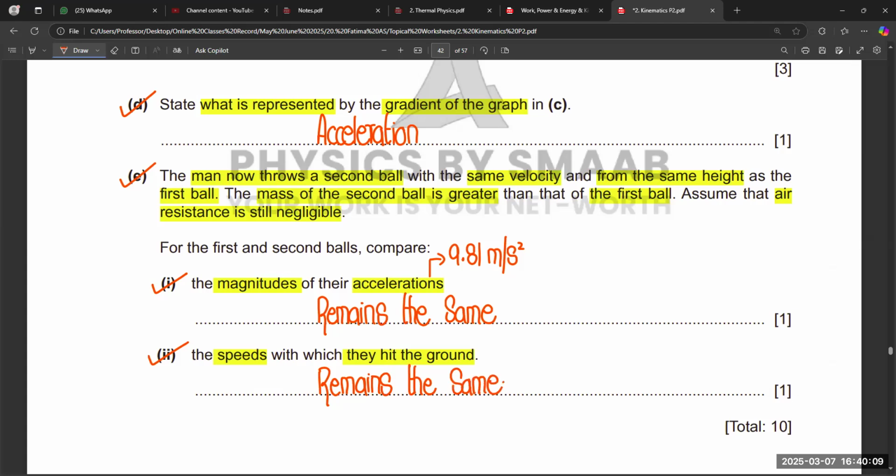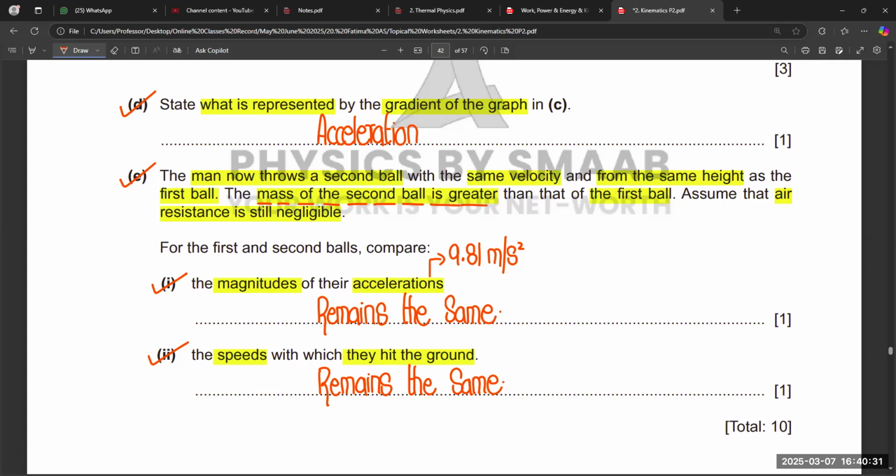And this one also remains the same, right? So this is the idea of this question. Because sometimes we get confused with other factors. They mention the mass, but air resistance is also negligible.